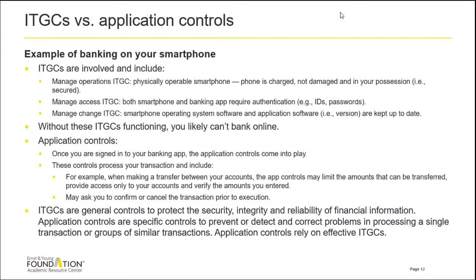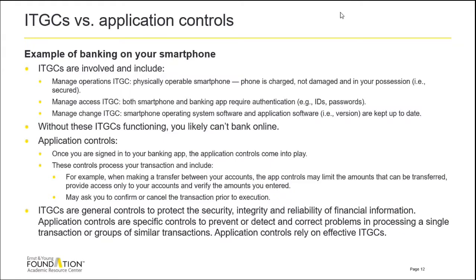So what is the difference of ITGC versus application control? In the video, the example was banking on your smartphone. So ITGCs are involved and include manage operation ITGC. You have a physically operable smartphone. The phone is charged and not damaged and in your possession.